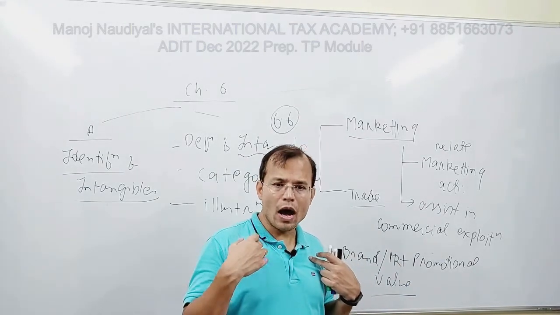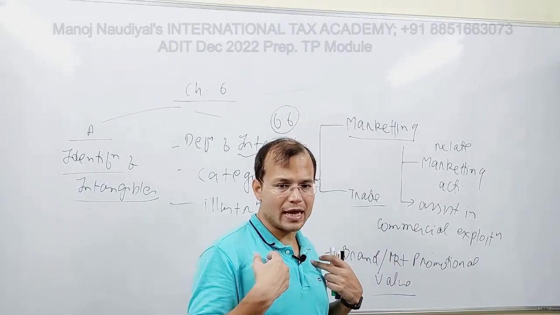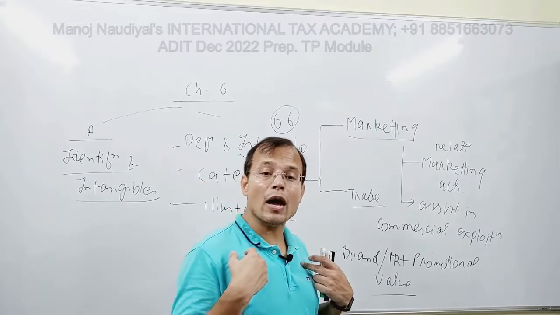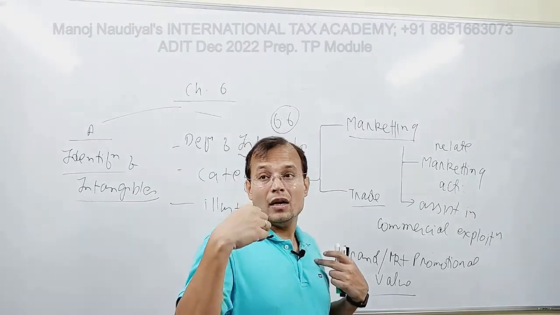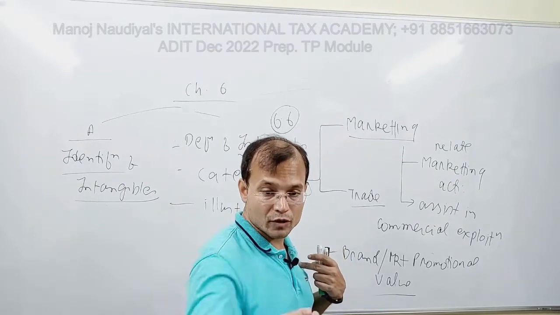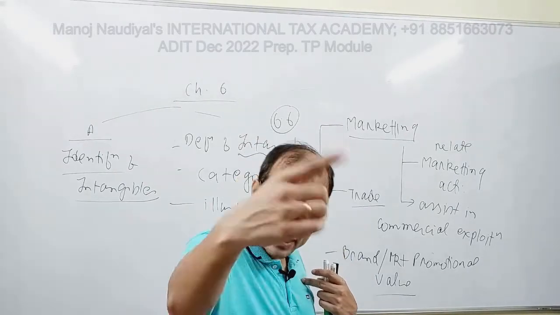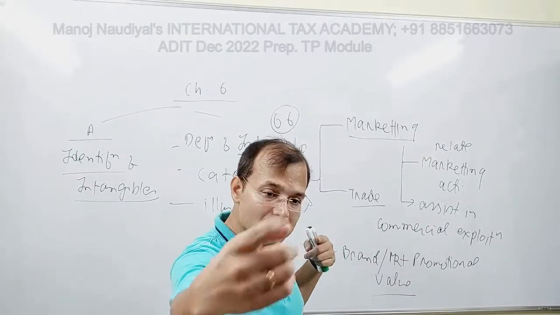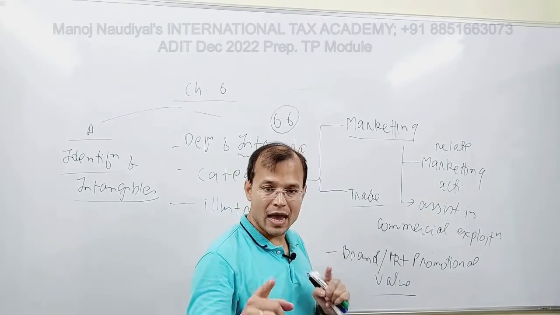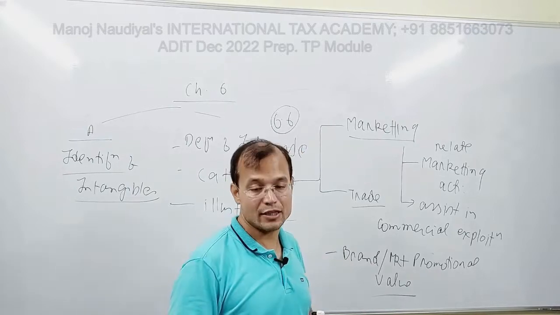Fine. So now I am the holder of the intangible, I am the holder of the patent, and now I am licensing the patent to you. So you can use that patent to manufacture products. So this license is another intangible. Fine. And you would be the holder of that intangible.